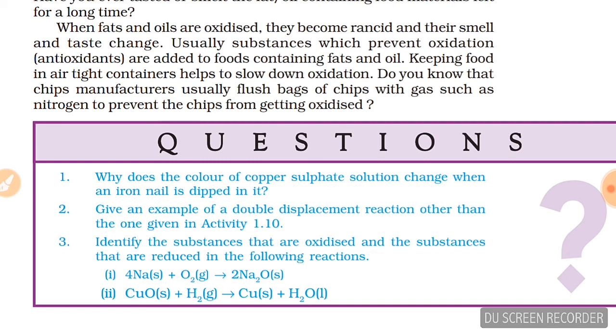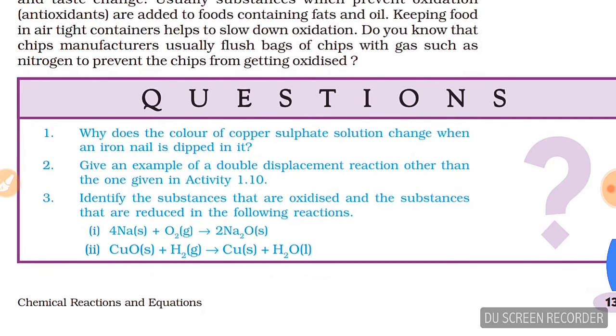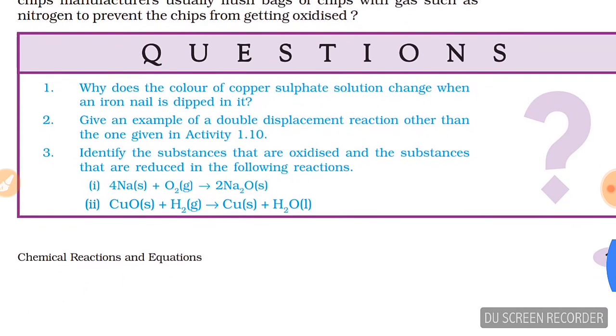We say that there is more air and fewer chips. So why is gas used there? It is used there like an antioxidant, it protects from oxidation. If oxidation happens, then the substances become rancid. Then it will smell, and the taste of the food will change. So that is why we are using antioxidants in those packets to save the food from getting rancid. So here are a few questions.